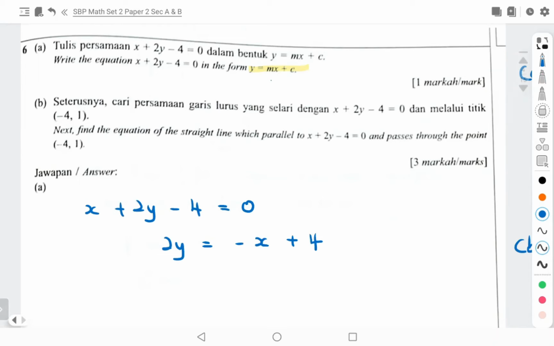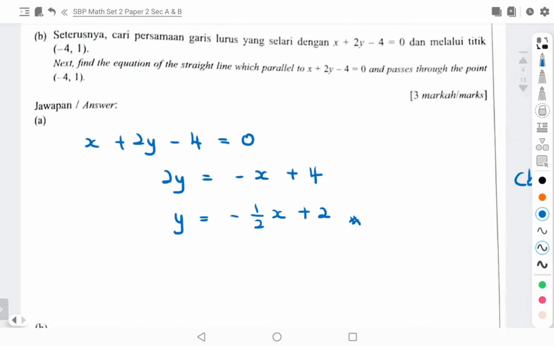Refer back to the general equation. Then y equal to negative 1 over 2 x plus 4 over 2. 4 divided by 2, so it's 2. Then you will get the general straight line equation. So over here, we will know that the value before x refers to the gradient, meaning m equal to negative 1 over 2 and c equal to 2.